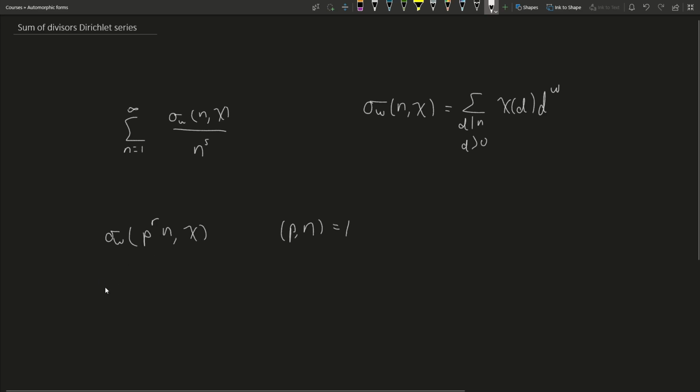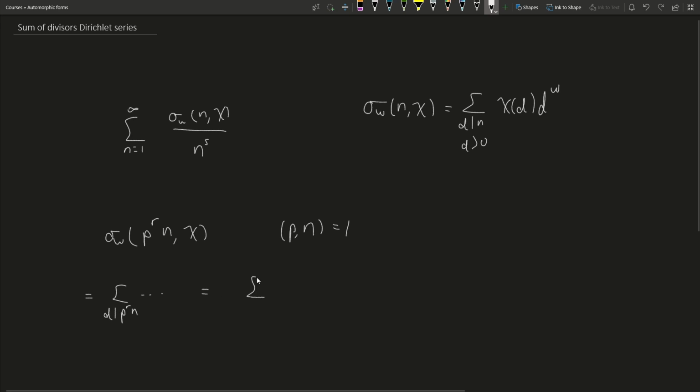You can write this as the sum over divisors d divides p to the r n of whatever. And what are the divisors of this product?